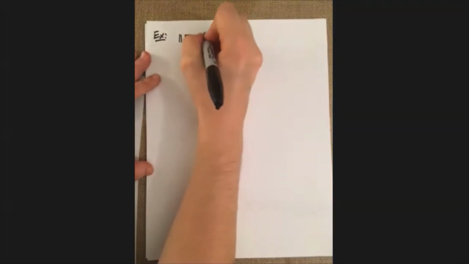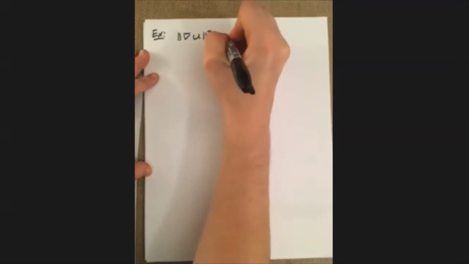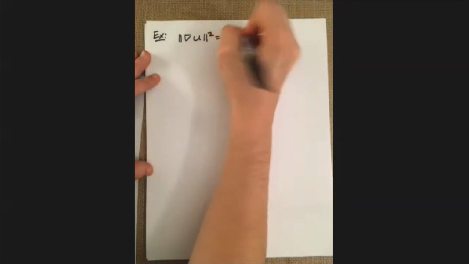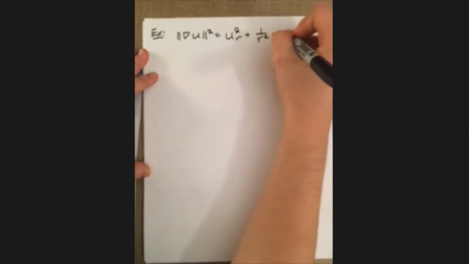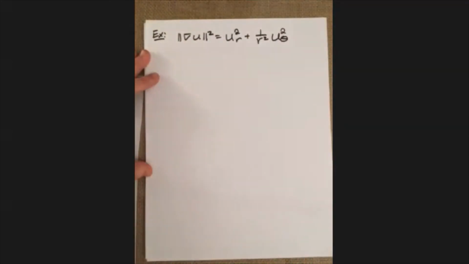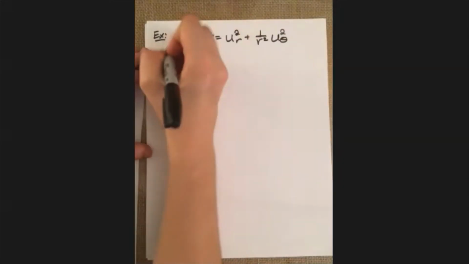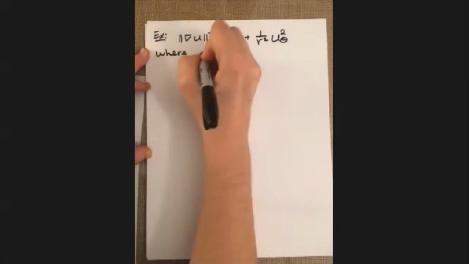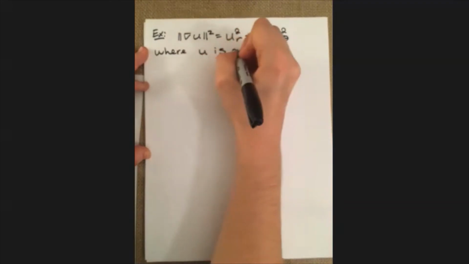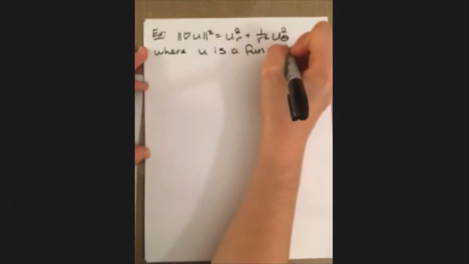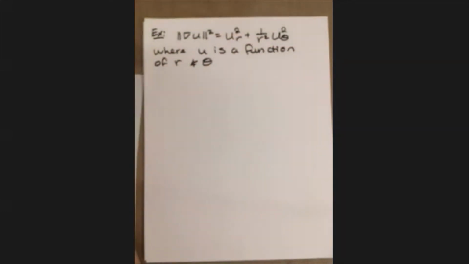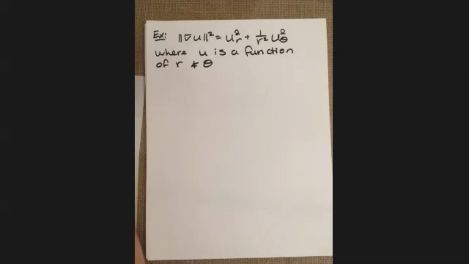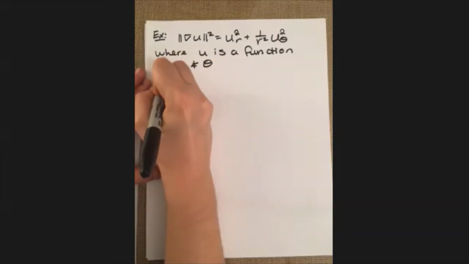We're told that the norm of the gradient of a function u squared is equal to the partial of u with respect to r squared plus 1 over r squared partial of u with respect to theta squared. And u is a function of r and theta.